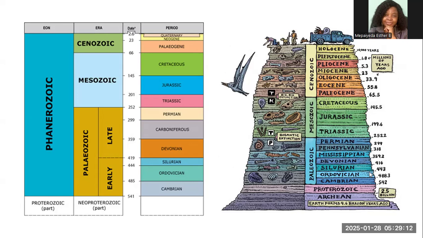So here you see the Paleozoic eon. Under it, you have the Cenozoic, Mesozoic, Paleozoic, whether late or early, and under each era you have periods. Okay, you have the Paleocene, Cretaceous period under Mesozoic.